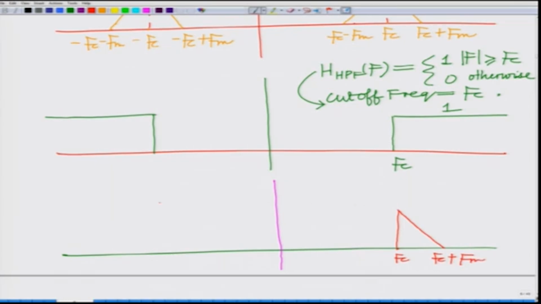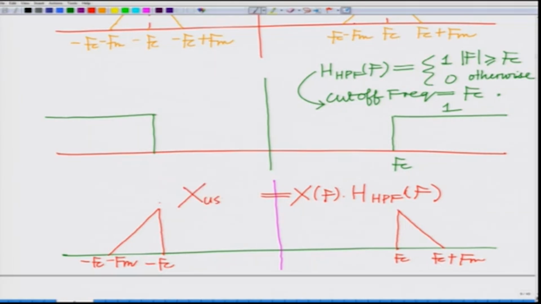So, you can extract the upper sideband. This is minus Fc, minus Fc minus Fm, this is X(f) times the high pass filter, which is equal to the spectrum of your upper sideband signal.